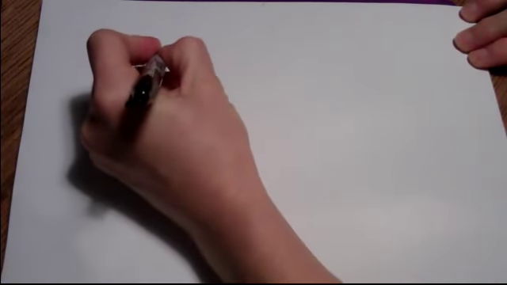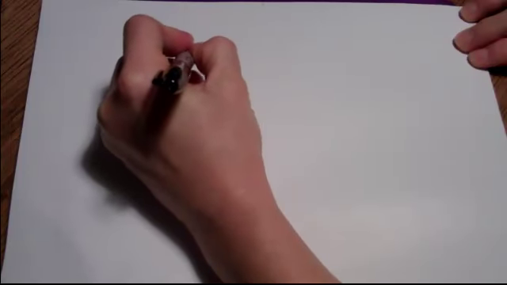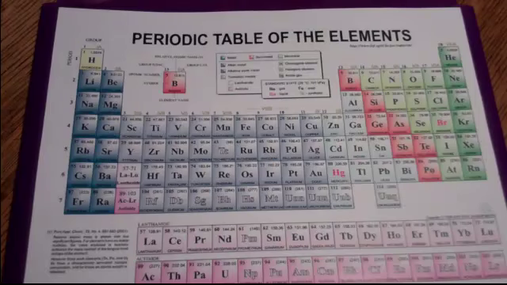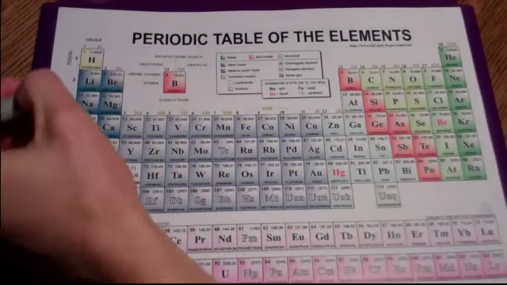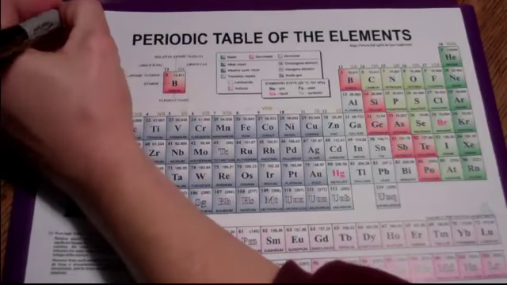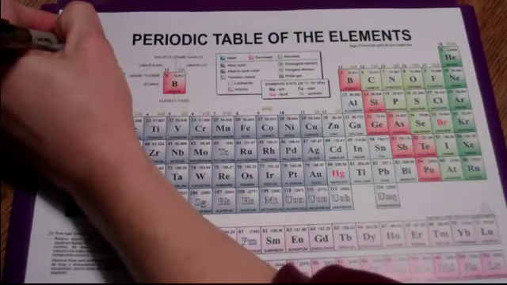Okay, so let's just take a few minutes to recap what we've done so far with our quantum numbers. So we said our first quantum number is the n number, and this is equivalent to the shell. So when we're looking at our periodic table, and I would go ahead and print this out so that you have a copy of it in front of you, the n number is going to be the period or the row number.